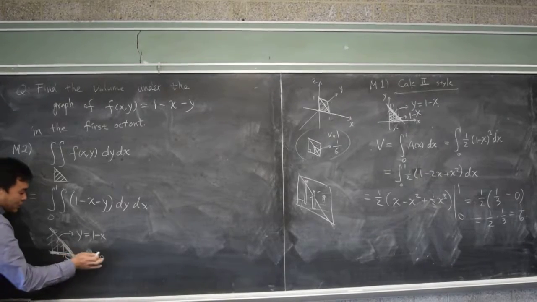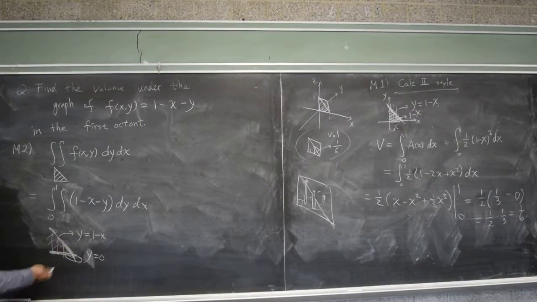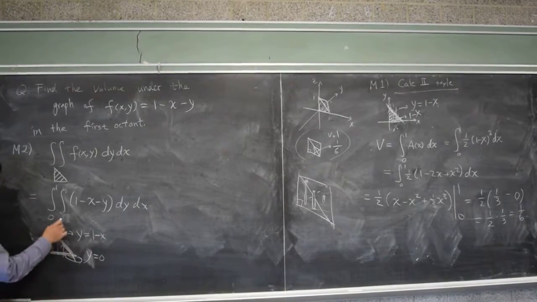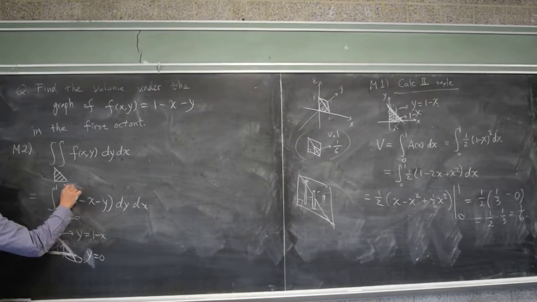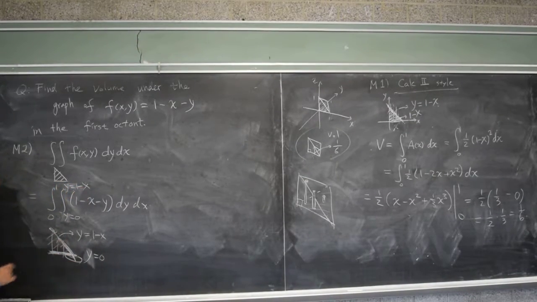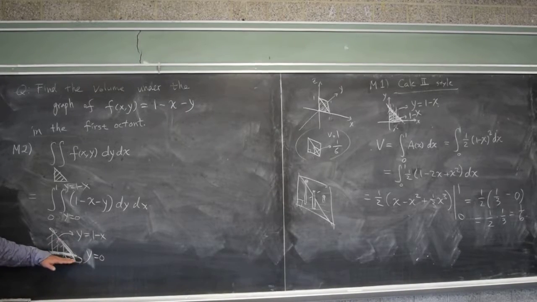So y equal to 0 is this x-axis, and y equals to 1 minus x is this line. And what you're saying is, I really want to start from this line here, and I want to end with y equal to 1 minus x. I start from this curve, I end at that curve. That way, I can make the integral represent this triangle, not the entire square. So that's the main idea.